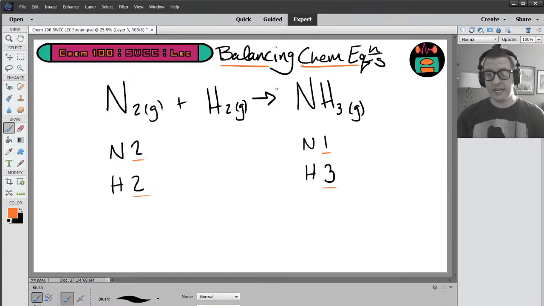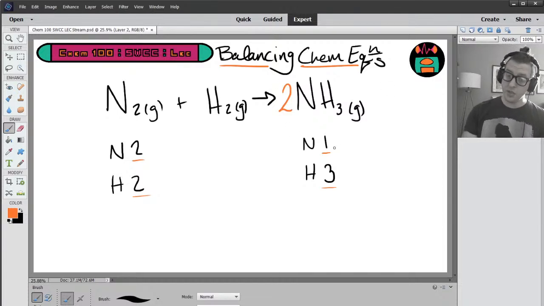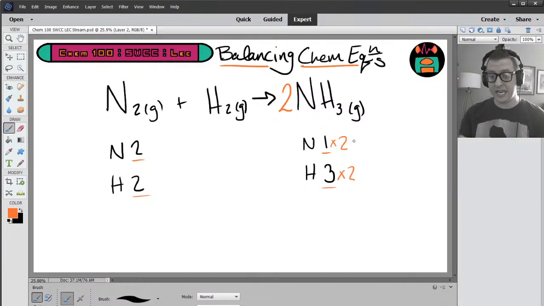If we multiply ammonia, NH3, by 2, that changes my nitrogen count and my hydrogen count. Now that we have 2 molecules in play, I have 1 times 2, or 2 nitrogen atoms, and I have 2 times 3, or 6 hydrogen atoms. Now you'll notice that nitrogen is now balanced.